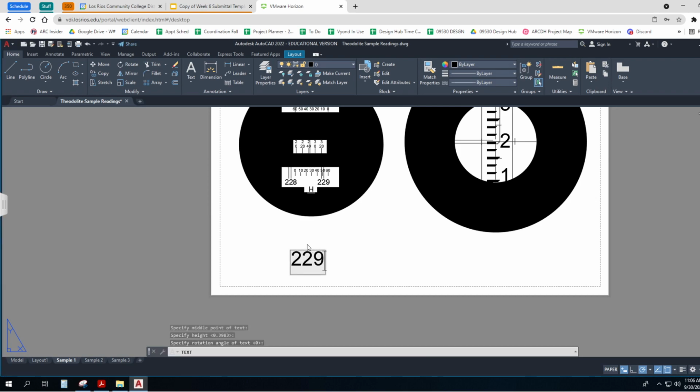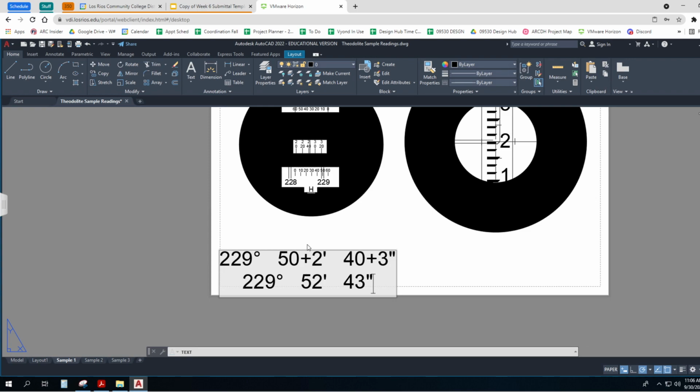I think it's percent D. Oh, look at that. 229 degrees, 50 plus 2 minutes, 40 plus 3 seconds. That becomes 229 degrees, 52 minutes, 43 seconds.